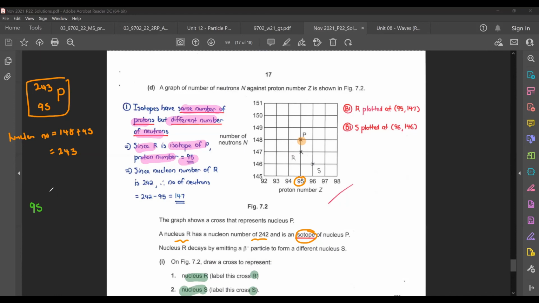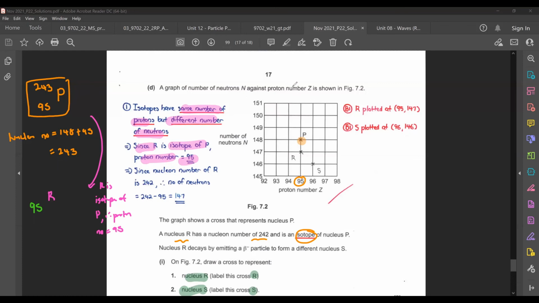This one is nucleus R. So R is an isotope of P. Therefore, proton number is 95. Okay, so that's what I know.